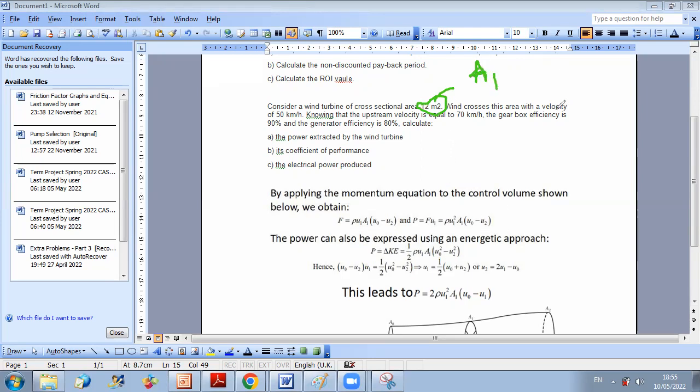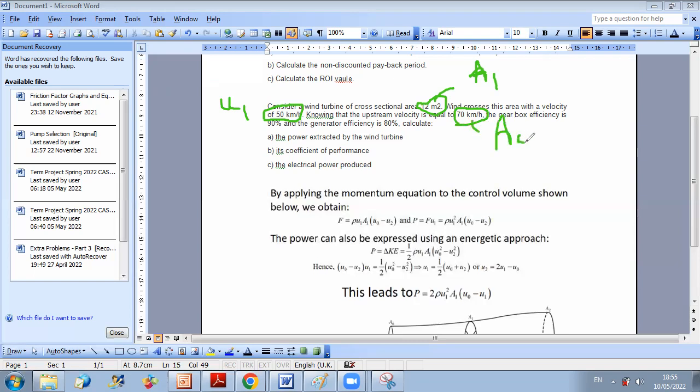And also they gave you the velocity crossing the wind turbine. The velocity crossing the wind turbine is U1, because we associated U1 with A1. In addition, they gave you the upstream velocity of wind. So this is the velocity of wind very far from the wind turbine. So this is A0.